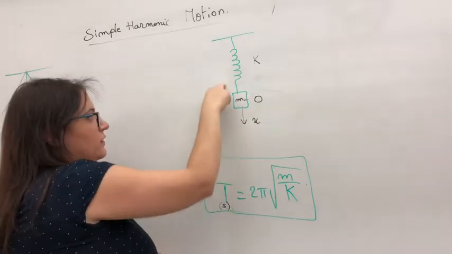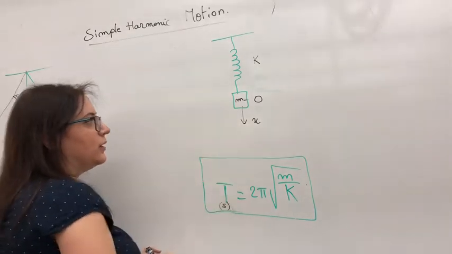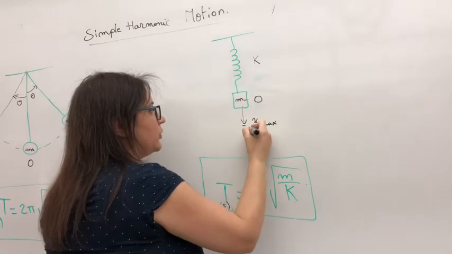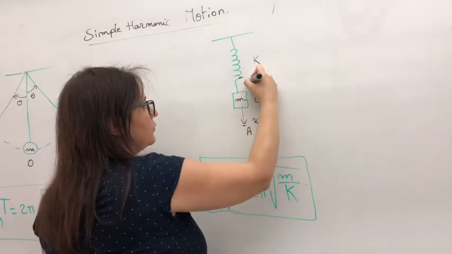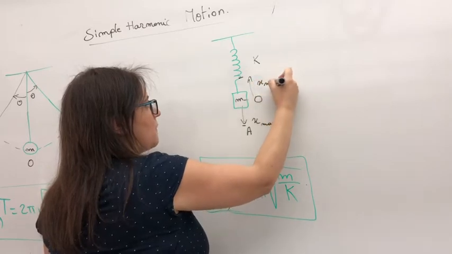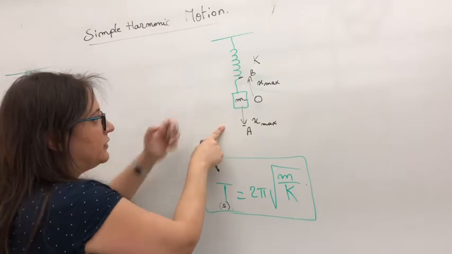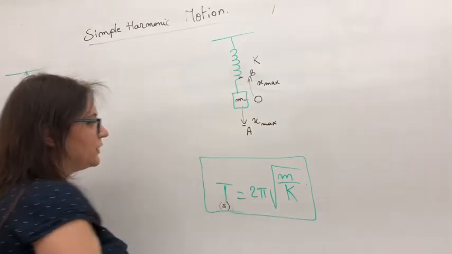You will notice that the mass M would start to oscillate around the equilibrium position by x max. Let's say this point is A, it would go around O, below x max or above x max. This oscillation is repetitive with a period T. T is 2 pi radical m over k.